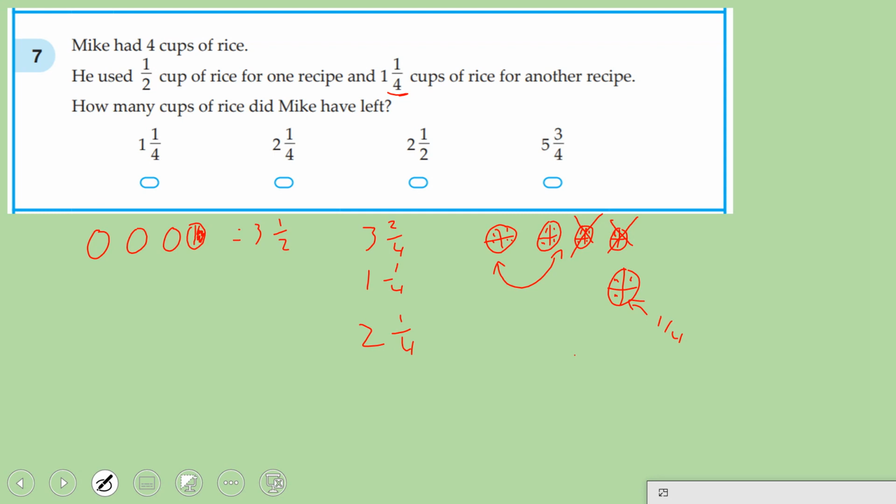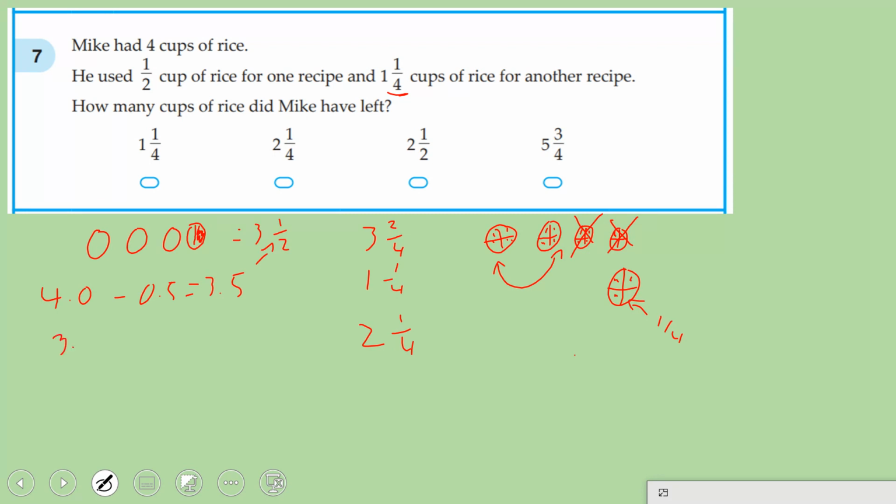If you want to use the pure mathematical way, I'd be converting all of these into decimals. So he had 4.0 cups initially. He used half a cup. 1 divided by 2 on the calculator is 0.5. So 4 take 0.5 equals 3.5. Then you used 1 1/4 cups, which is 1.25.